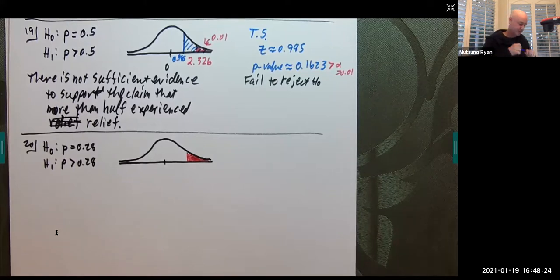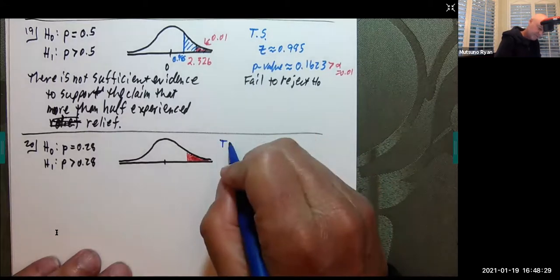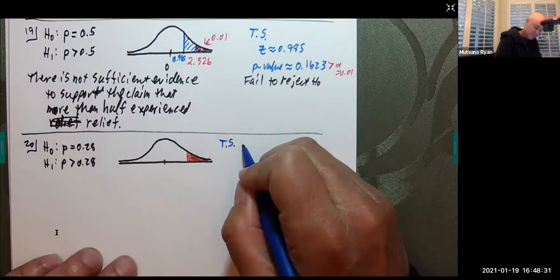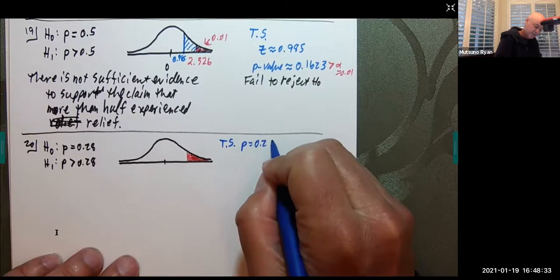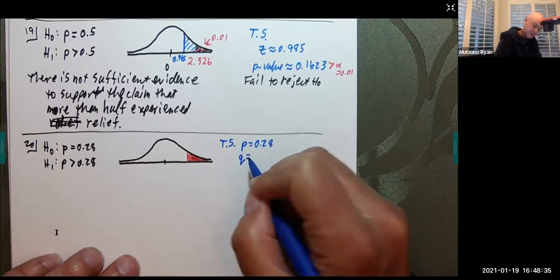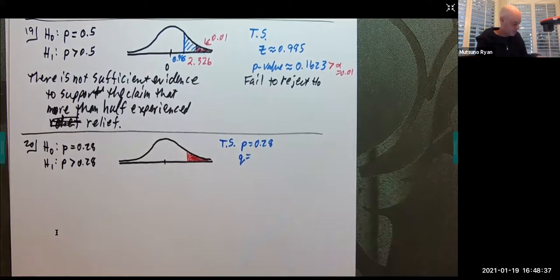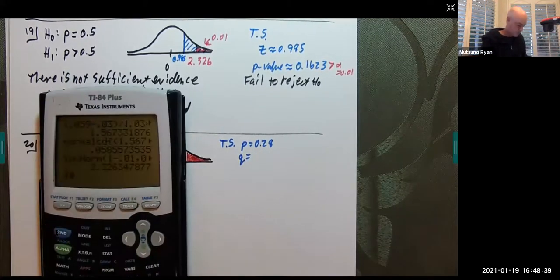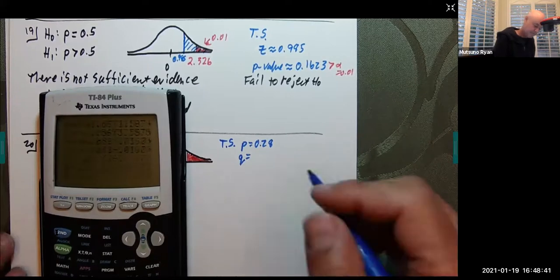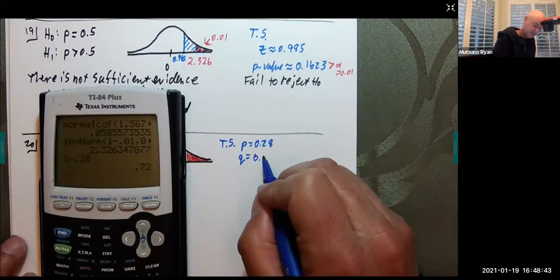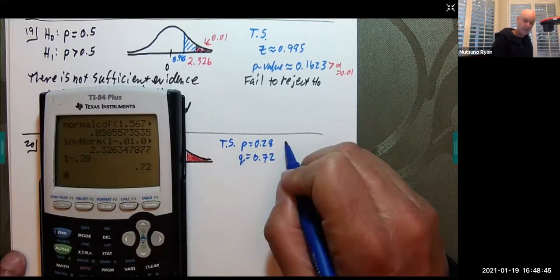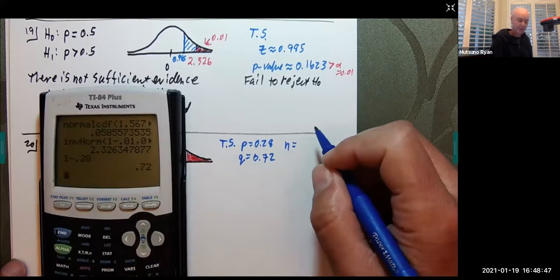So for our test statistic, we have P, which is 0.28. We have Q, which is 1 minus P, 0.72. And we have N, which is 130.